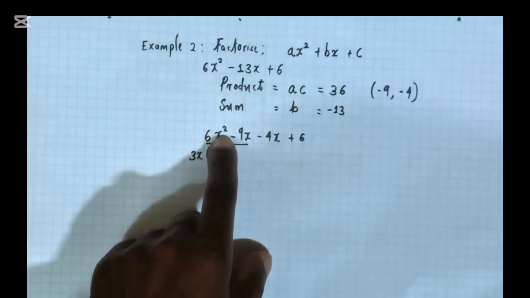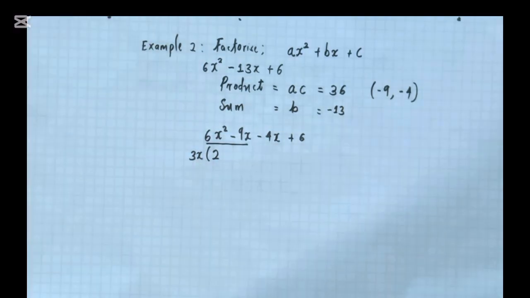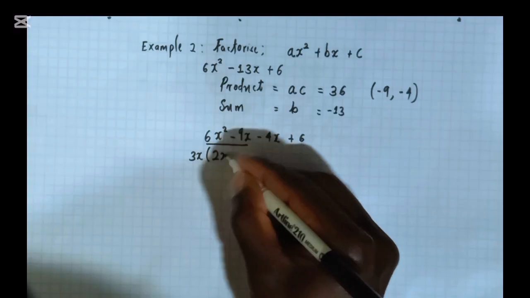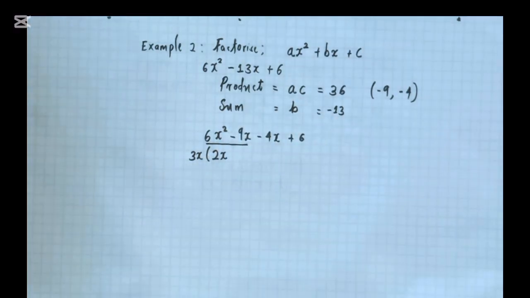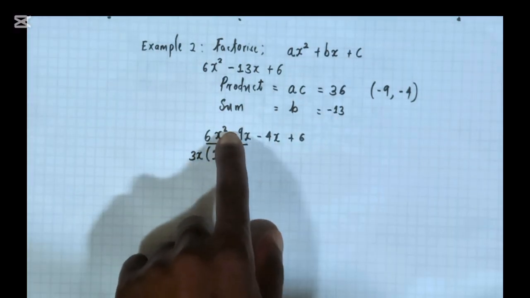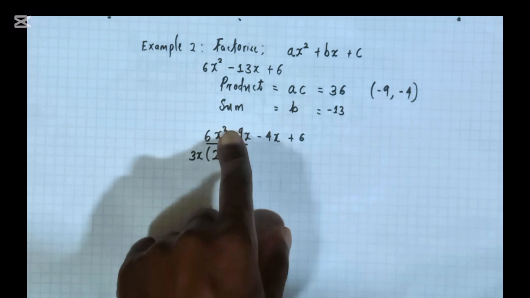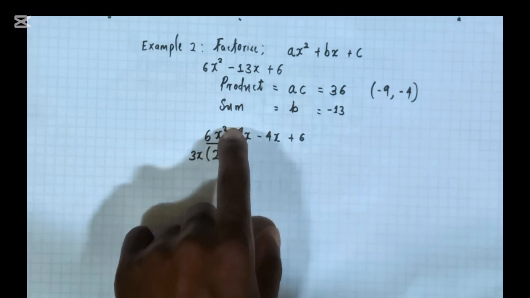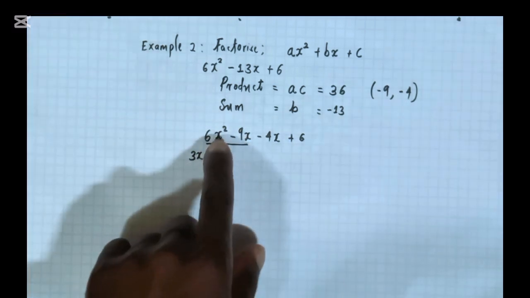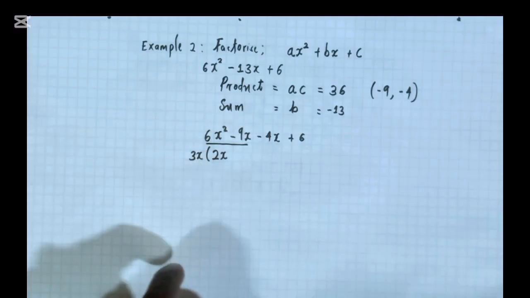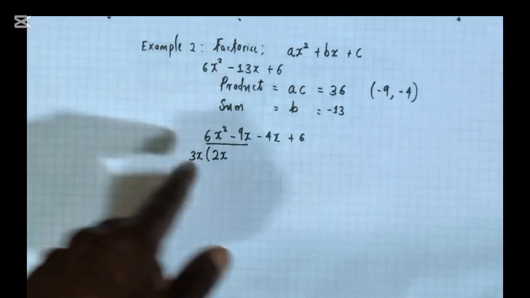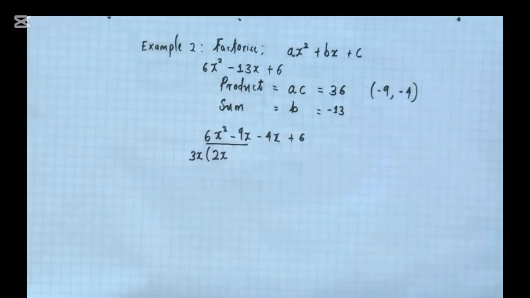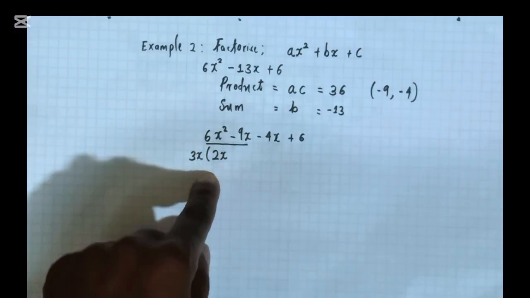And then x squared divided by x, giving us x. Basically, we are getting the difference of the powers. This x is raised to the power of 2, and this is raised to the power of 1, so it's basically 2 minus 1. So that is 2x. That is what we're going to have for the first term.